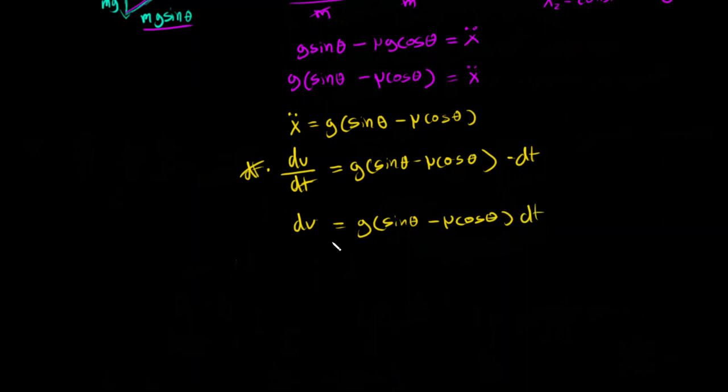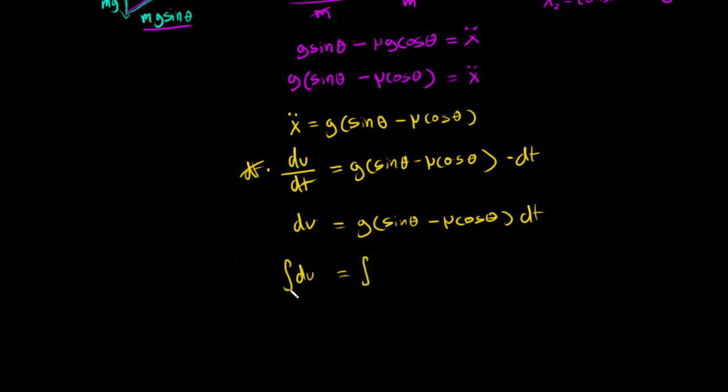Right? Now let's take the integral to get to velocity. And we're going to have to integrate twice because we're trying to get to position as a function of time. So let's integrate the left side of dv and integrate the right side.